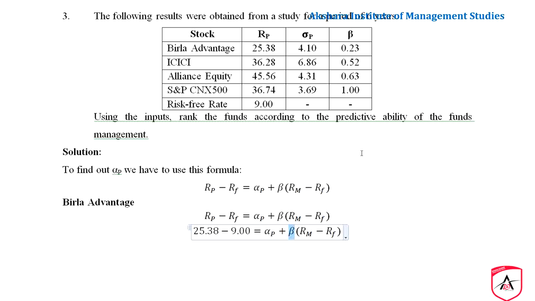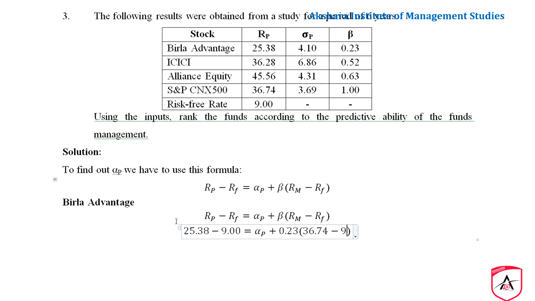And beta, how much? Beta for Birla Advantage is 0.23. RM, return on market index, is 36.74. And RF, the risk-free rate of return, is 9%.